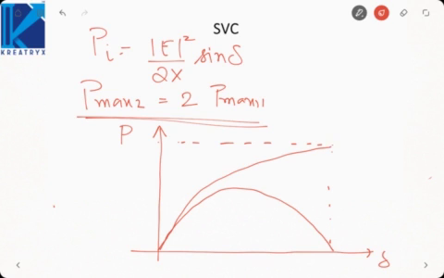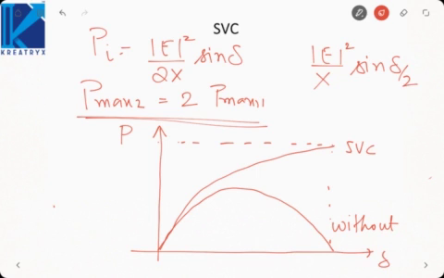So it will be like this. It will be continuously increasing with SVC. This is without. Okay, whenever delta will be equal to 180, that will actually correspond to 90 degree when we are talking about the power with SVC used. Because with SVC, power is actually mod E square by x sine delta by 2. Okay, so 180 angle will correspond to the maximum value at 90 degrees. So that is how my stability will be improved by the use of SVC.